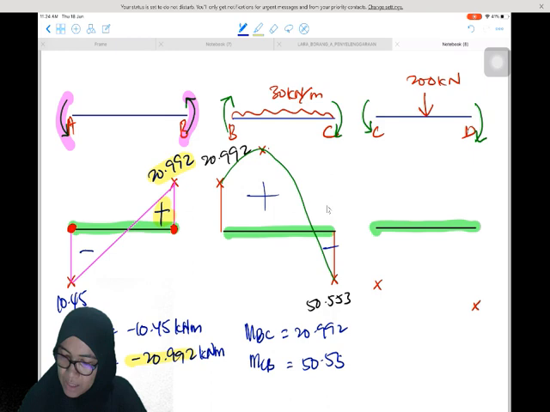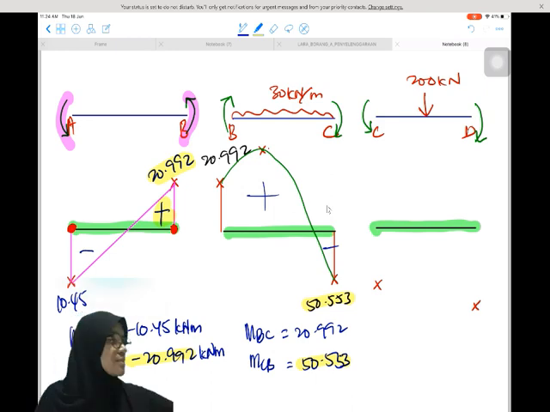So this is the shape of the bending moment diagram for member BC.